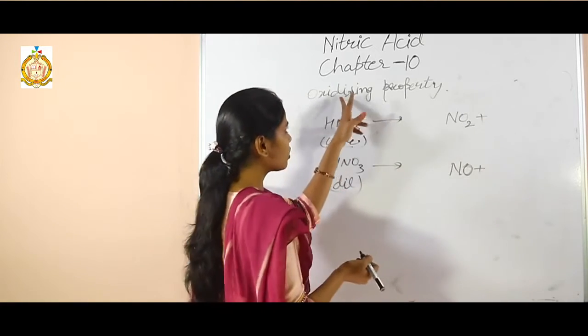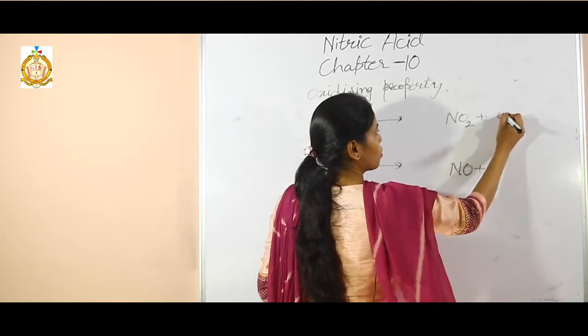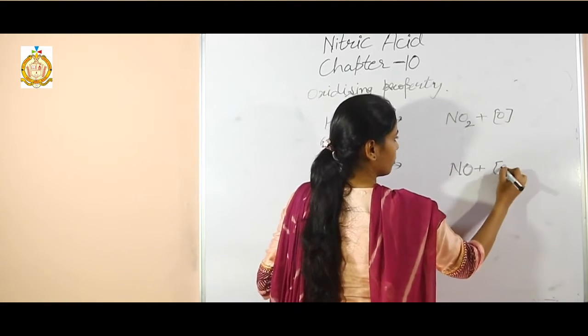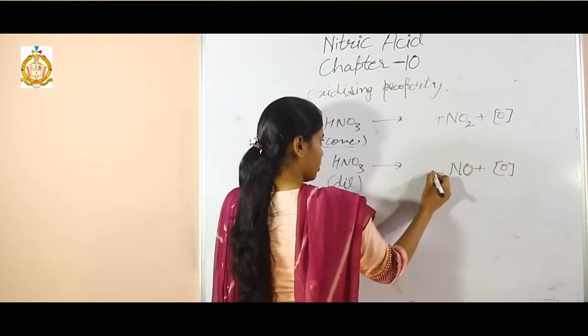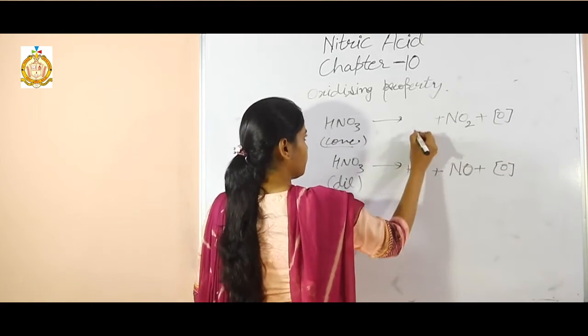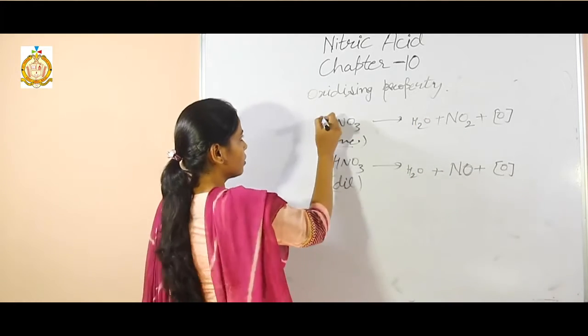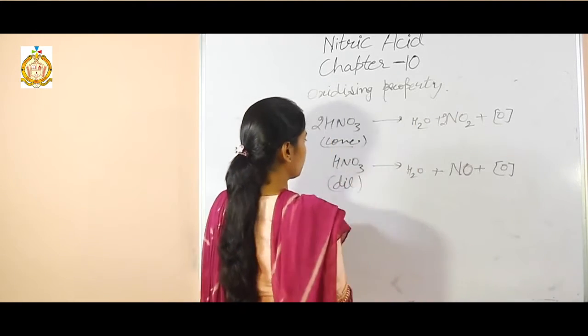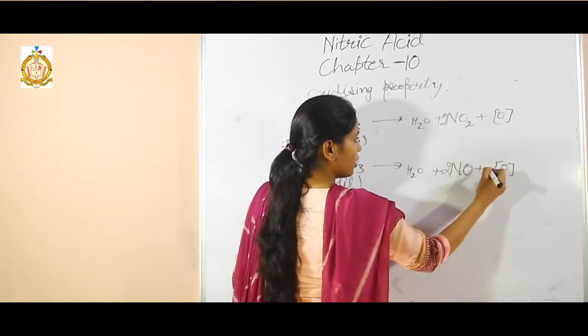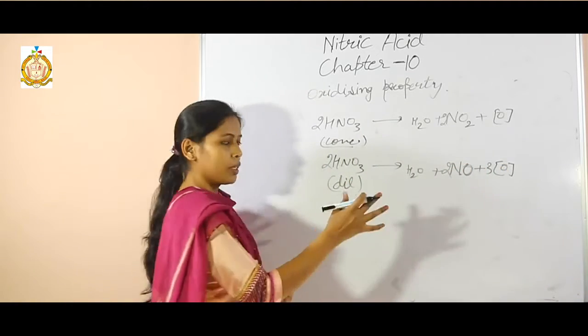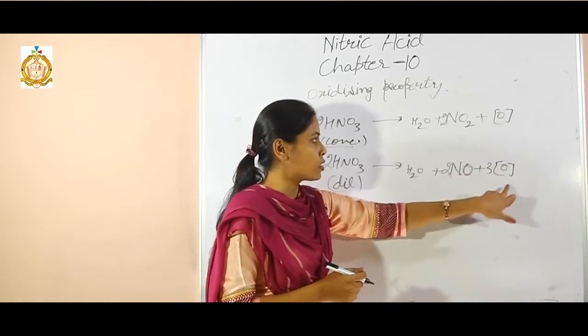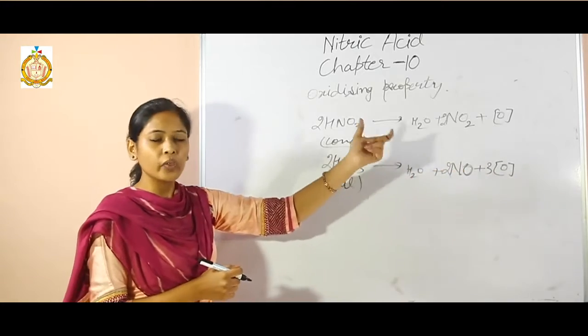Plus, why is it oxidizing? Because of nascent oxygen. And another product is water. And balance by writing here 2, here also 2, here 2, here 2 and 3. Now it is balanced. Because of this oxygen, it is an oxidizing agent.